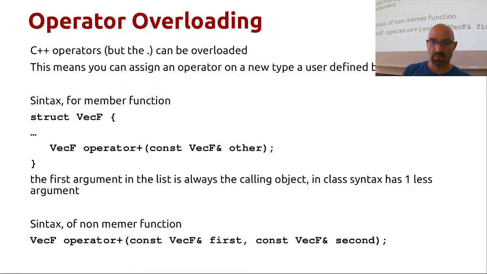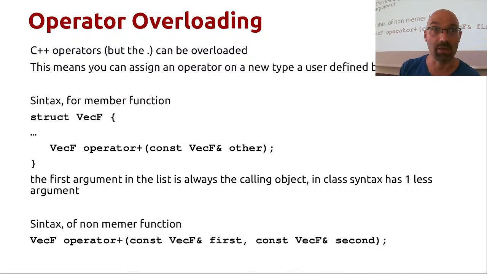Now, for instance, let's see the case where we want to write an operator plus that calculates the sum of two vectors. If we want to write this function inside the class, we would use this signature. What should plus return? It should return a new vector, because if you do a plus b, you don't change a, nor do you change b.